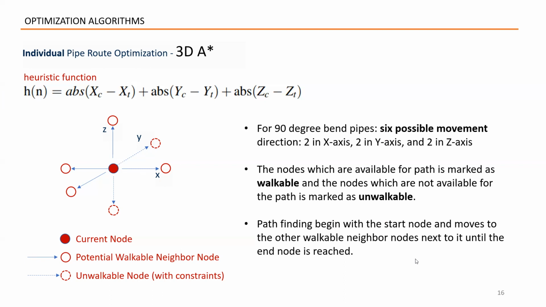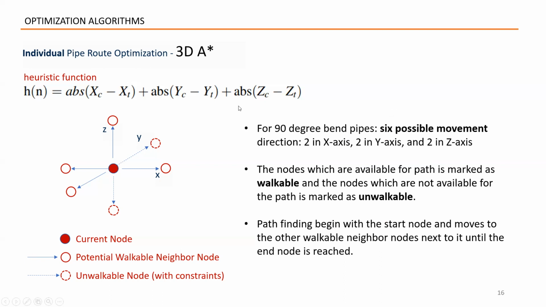So the path finding began with the start node and moved to the next walkable neighbor nodes next to it, and the next one until the end node is reached. The cost function of the path we just discussed is a fitness function.